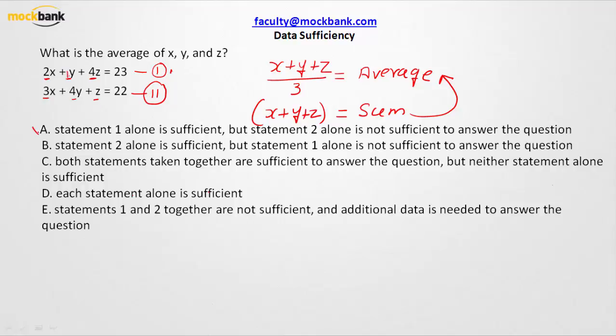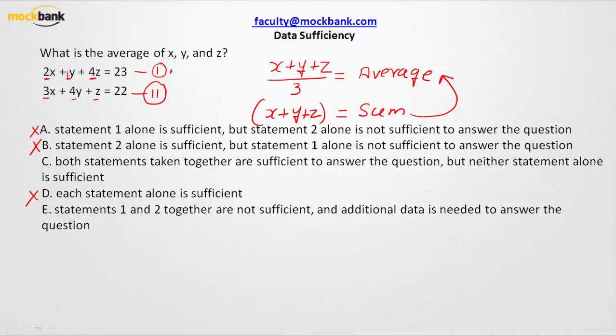Hence, can we eliminate these two options? Option A says that statement number 1 alone is sufficient. That is not the case. And statement number 2 is also not sufficient. And I would also like you to appreciate that the moment option A and option B are cancelled, option D is automatically cancelled. Isn't it?